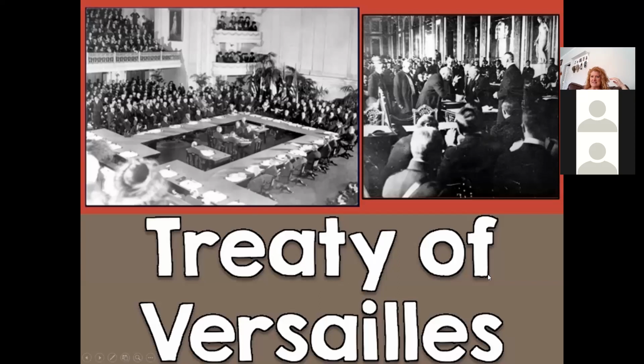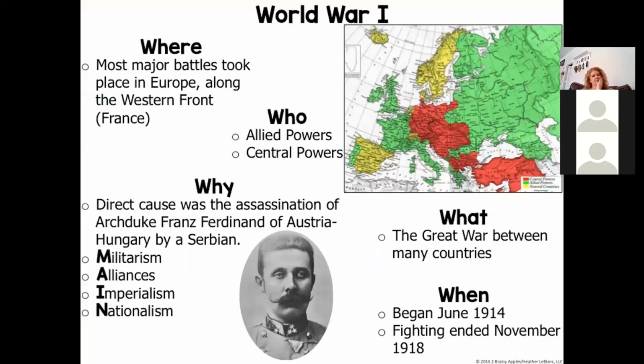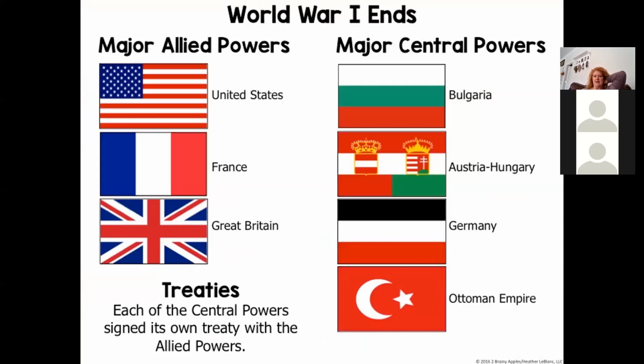So when Germany asked for this armistice, they have to go into negotiations for the treaty that will end the war. World War I, I don't really think I need to recap because you have all this in your notes, but just realize that this is a war between many countries that lasted for about 4 years between the Allied and the Central Powers.